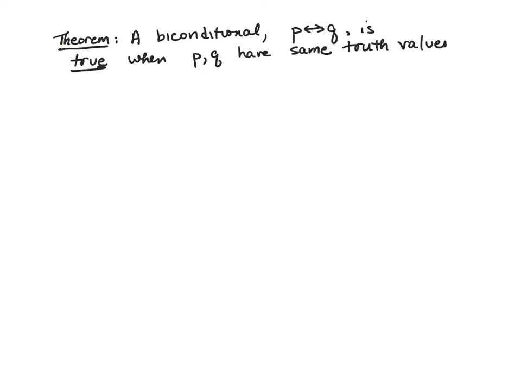In other words, if P and Q are both true or if P and Q are both false. And by the way, we can't call one an antecedent and the other consequent because they work in both ways. Otherwise, the biconditional is false.